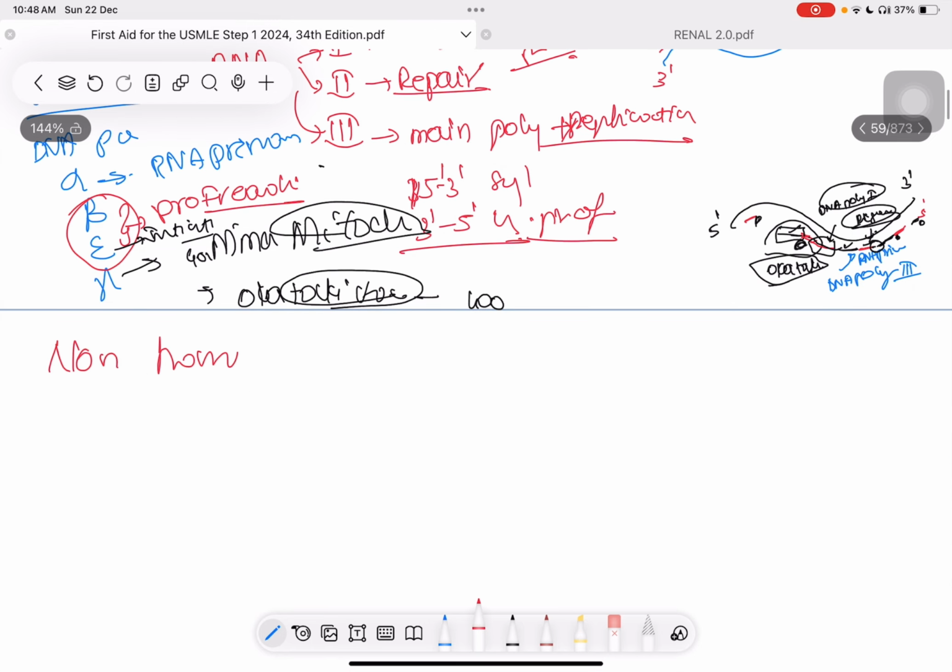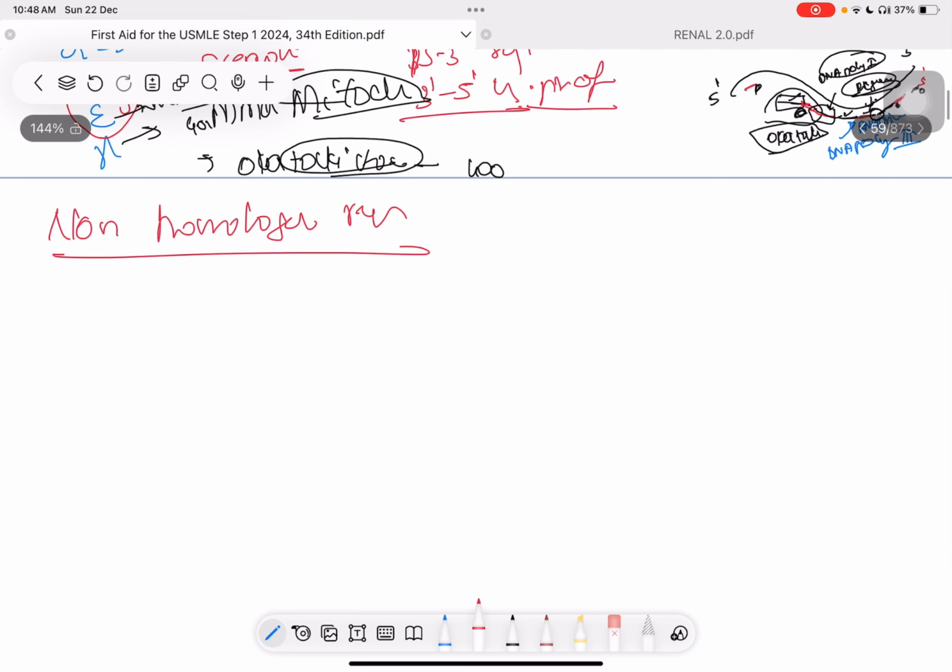Non-homologous repair. For any repair, first we need to understand how DNA damage occurs in double strand DNA. To damage the DNA phosphodiesterase backbone, you need ionizing radiation.